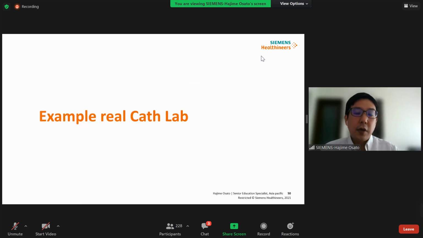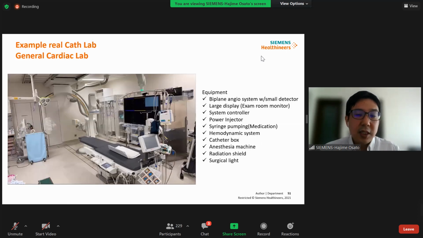All right. In the last topic, I want to show a real Cathlab picture and look at the room environment. This is a general cardiac lab, a biplane angio system with a small detector there and a large display here. This is the examination room monitor. The doctor confirms the live signal, reference image, and a lot of other signals like ECG, blood pressure, PACS images, and so on.